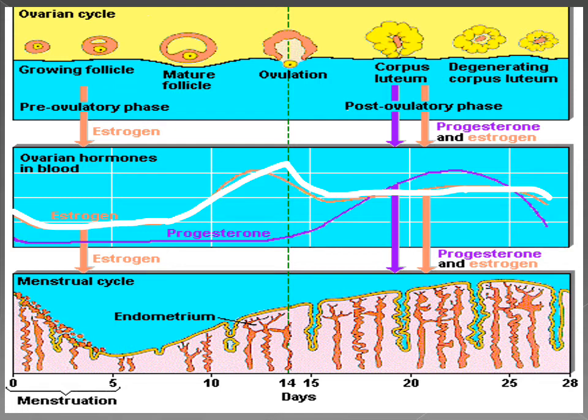If we follow the eggs in the top diagram, the egg is a small yellow circle with a black nucleus, and it's surrounded with a follicle, and this follicle starts to mature, becomes bigger, and on the day of ovulation, where estrogen was at the highest level, the egg is now released from the ovary.